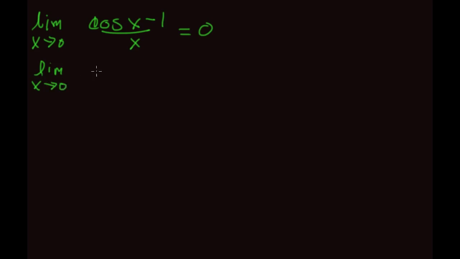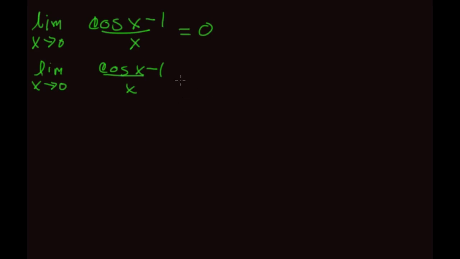Okay, so what about the other ones? Well, we have good news. This one, the limit as x approaches 0 of cosine x minus 1 over x is equal to 0, directly follows from what we just did. So I start with the limit as x approaches 0 of cosine x minus 1 over x.